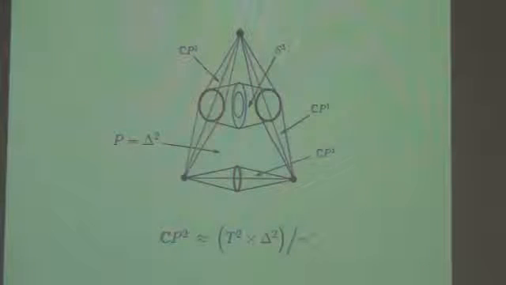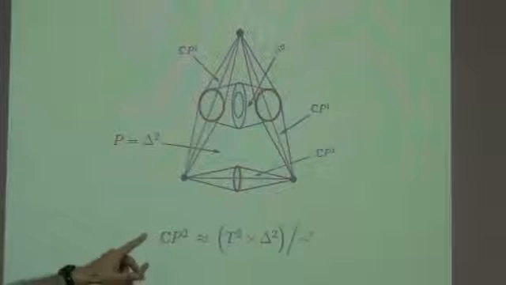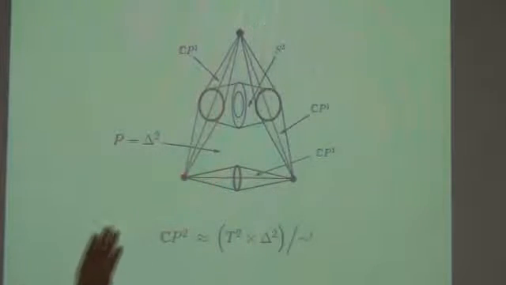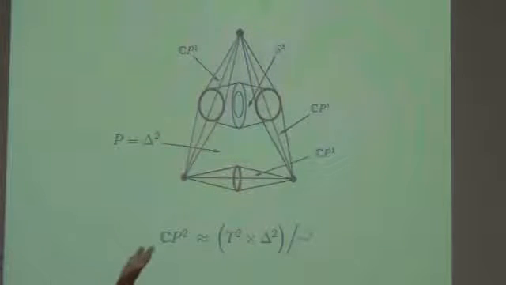Well, here is the point of my talk. To make CP2, here is CP2. To make CP2, I have used the combinatorics of the 2 simplex, right? But what I discover is that I don't need to do that.